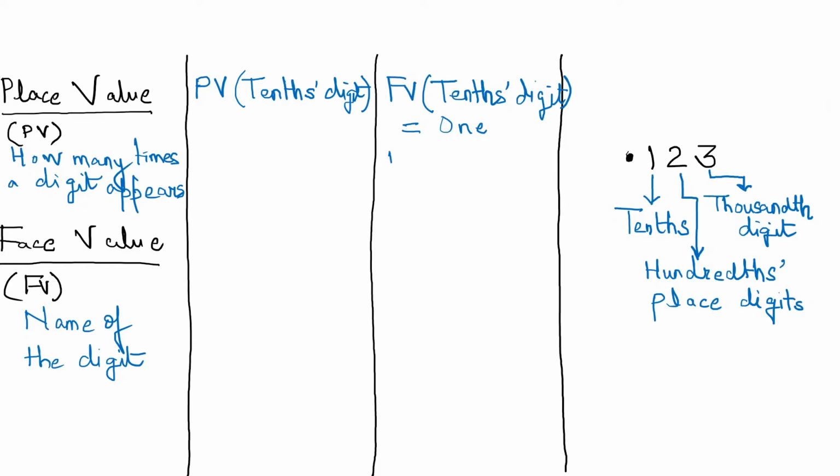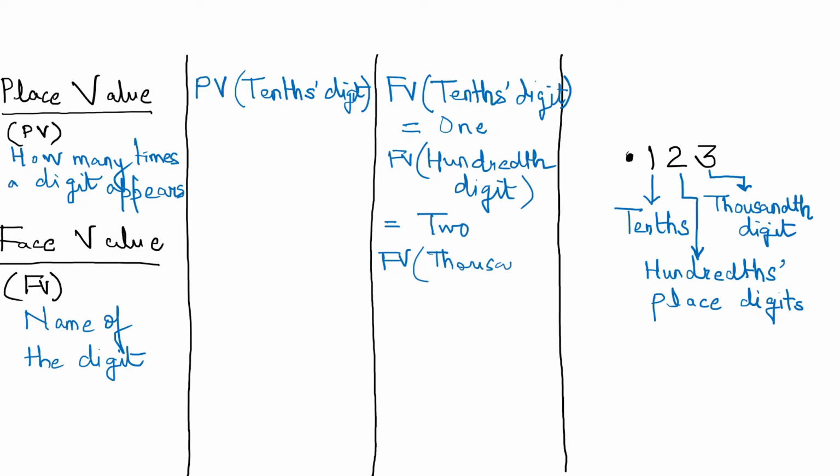Similarly, when we talk about the face value of the 100th digit, we know that it is nothing but the number name, which is 2. Analogously, the face value of the 1000th placed digit will be how much? It will be 3.